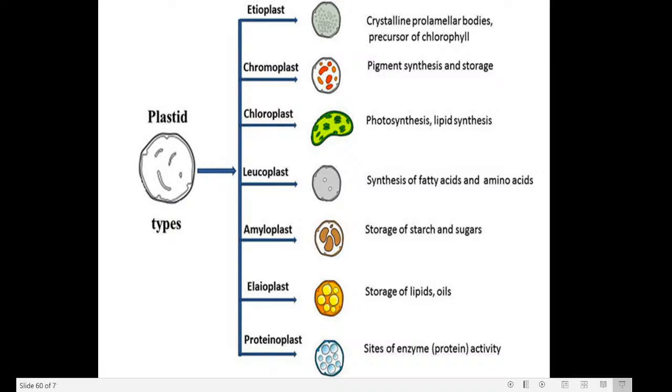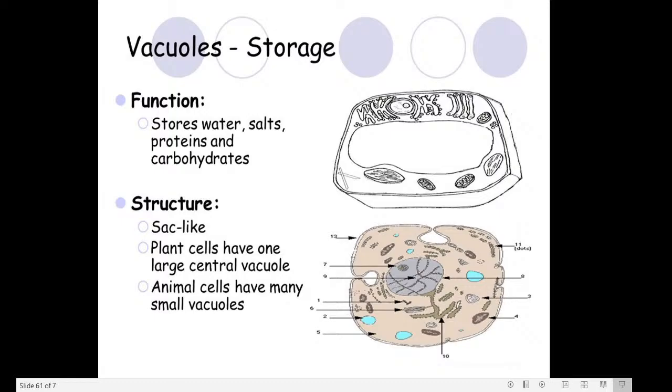Chromoplast is pigment synthesis and storage. Chloroplast is photosynthesis and lipid synthesis. Leucoplast is fatty acid and amino acid synthesis. Amyloplast is storage of starch and sugar. Elaioplast is storage of lipids, and proteinoplast is a site of protein activity.